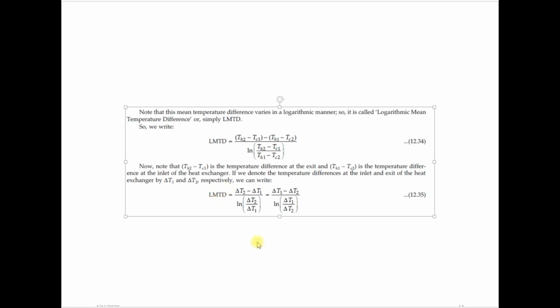The LMTD for counterflow final equation is delta T2 minus delta T1 divided by ln of delta T2 divided by delta T1. The equation for both parallel flow and counterflow remains the same: delta T2 minus delta T1 divided by ln of delta T2 divided by delta T1. This is the equation for LMTD for both parallel flow as well as counterflow heat exchanger.